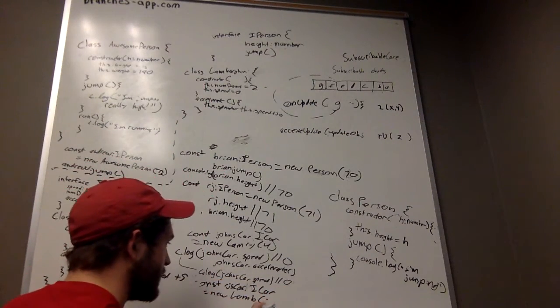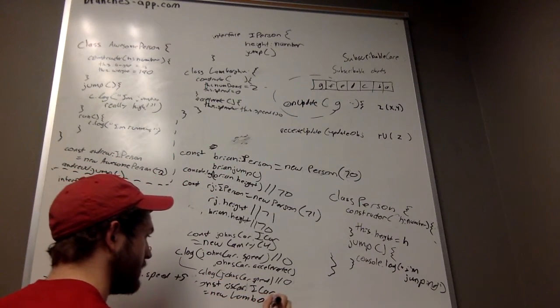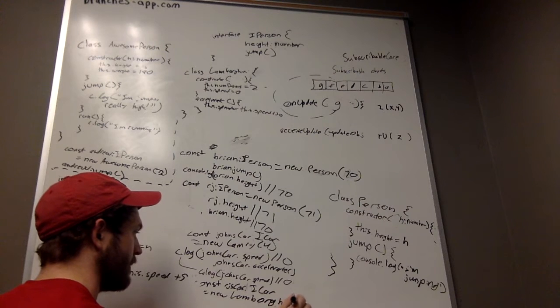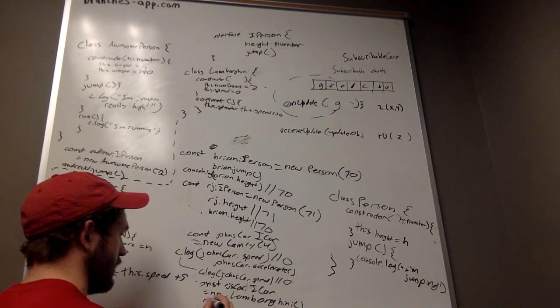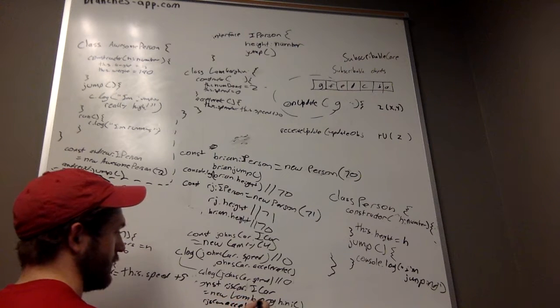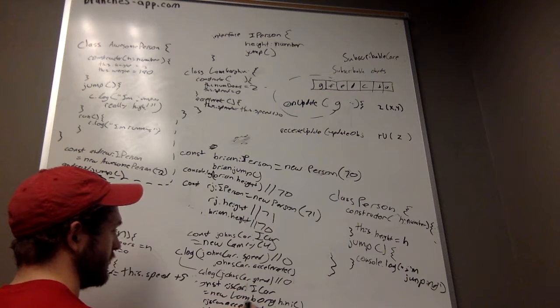We just say equals new Lamborghini. And if you were to do RJsCar.accelerate and then console.log RJsCar.speed, the speed would be 20.